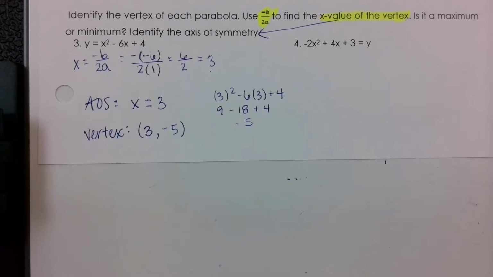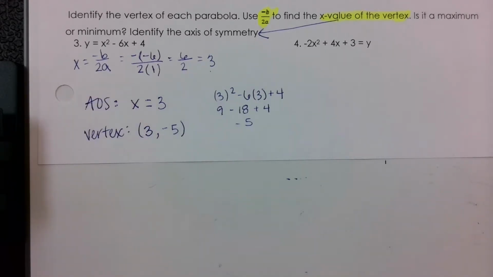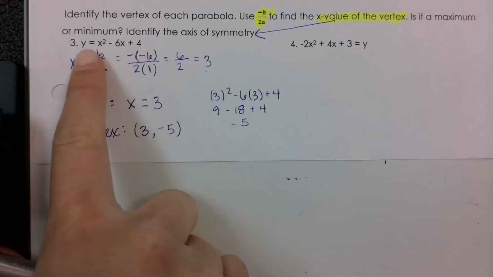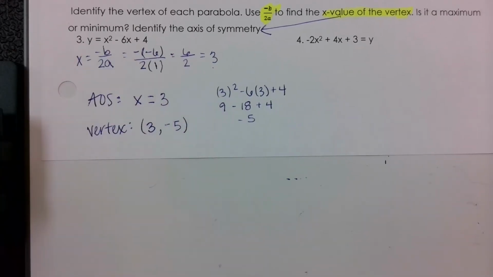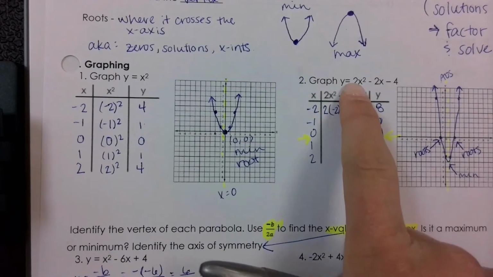So the last thing that they wanted us to do was decide if it was a minimum value or a maximum value. And we haven't quite talked about how you can tell that yet. But if you look at your A value for this problem, what was it? The A value. What was the number for x squared? 1. So if that number is positive, that means your graph is going to open up just like it did here and here, because they were both positive A's.